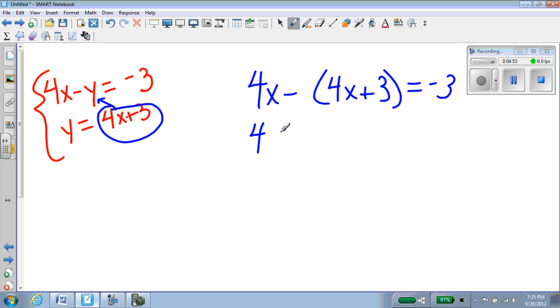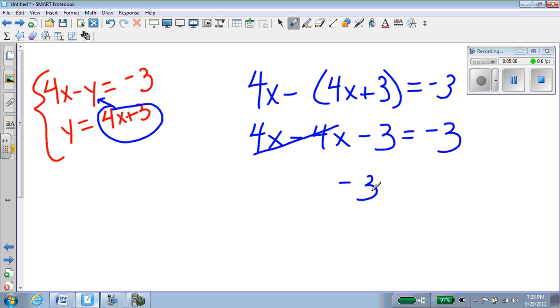So I get 4x minus 4x minus 3 equals negative 3. Hmm. So my 4x's cancel out and I get negative 3 equals negative 3. Hmm. That is true.